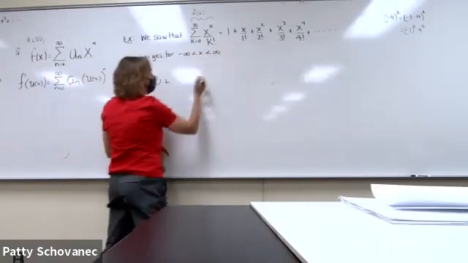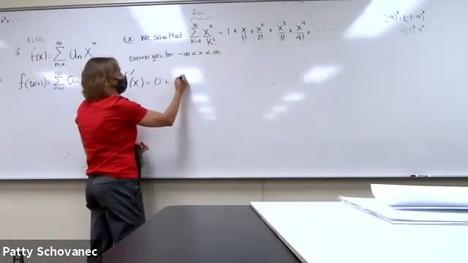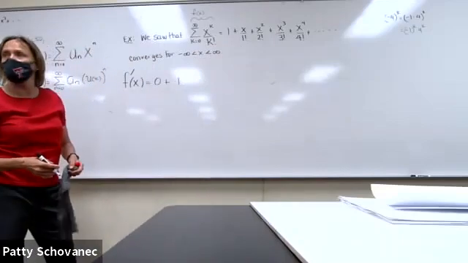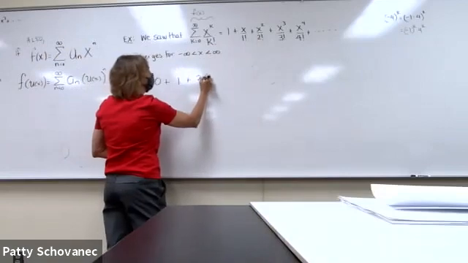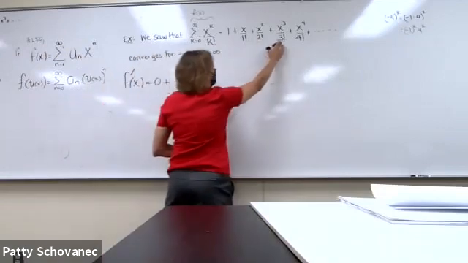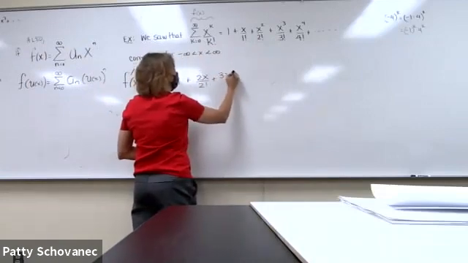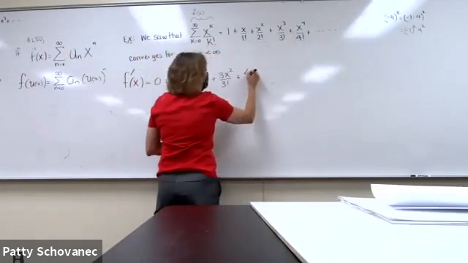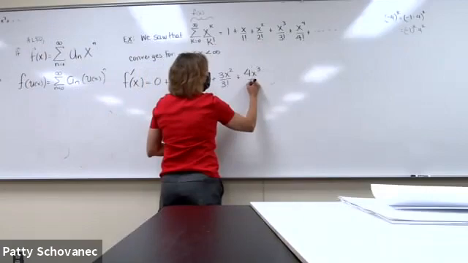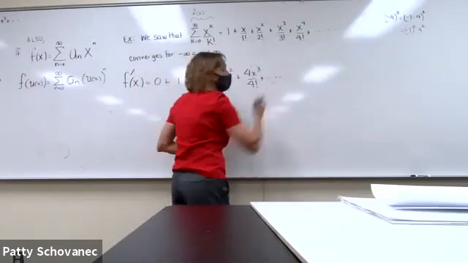When I take the derivative of that, I just get 1, because 1 factorial is 1. I take the derivative here, and I get 2x over 2 factorial. Here, I get 3x squared over 3 factorial. Next term, 4x cubed over 4 factorial.